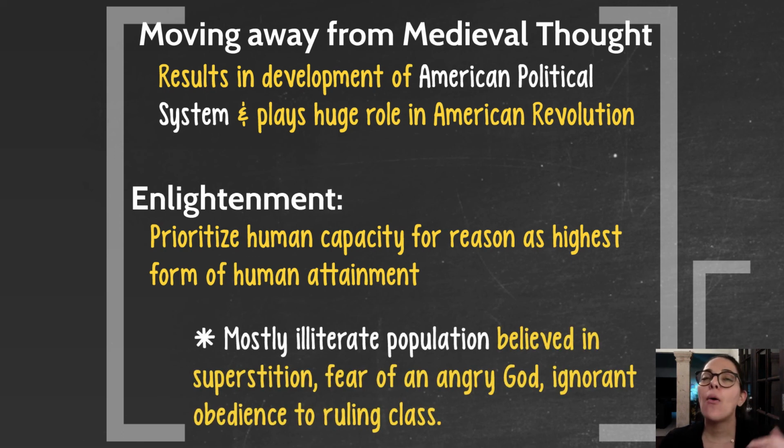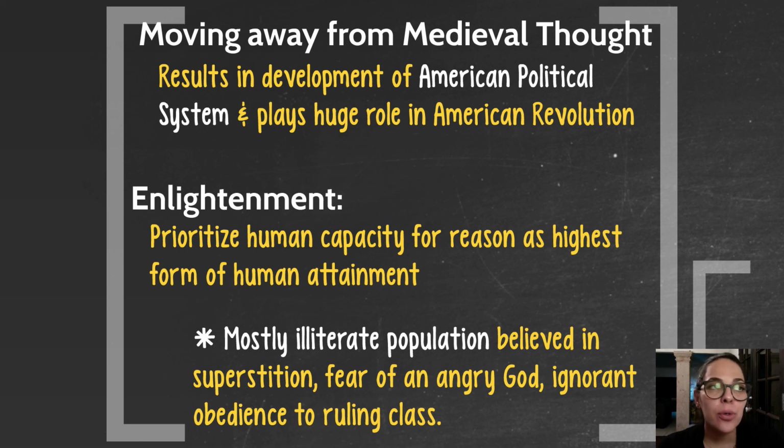Now this, of course, is all taking place in a world where most of the population is illiterate. Most of the population is superstitious. Most people are afraid of an angry God. They are pretty much ignorant to the world around them.